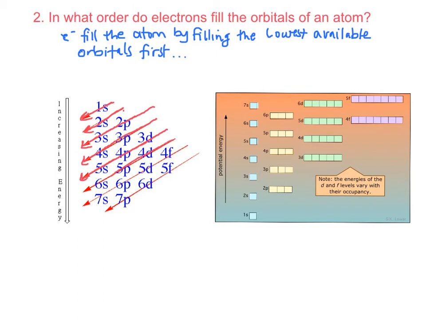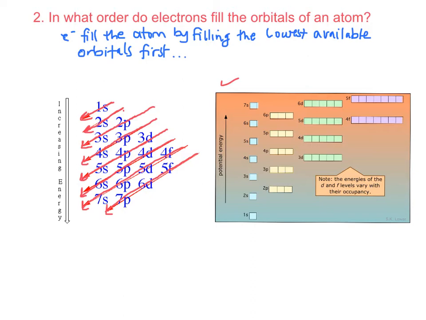And so you get the idea that this is the order in which the energies of the orbitals go, and the order in which the electrons will fill an atom. Now, this picture over here shows you exactly the same thing, but in a little more detail.